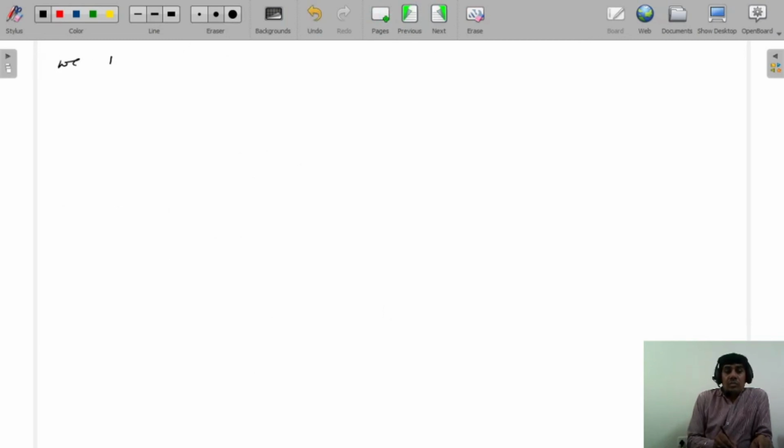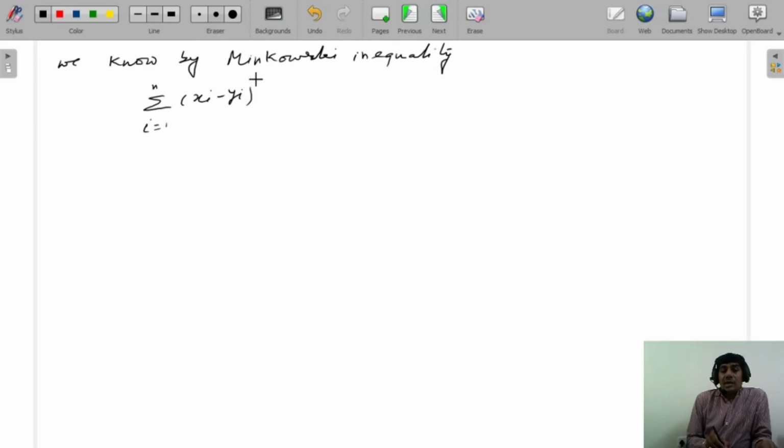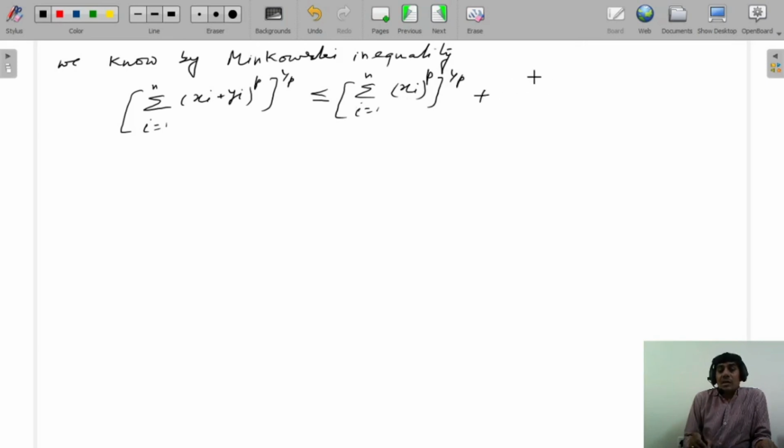We know by Minkowski inequality, the summation, i varies from 1 to n, of (xi minus yi) raised to power p, whole raised to power 1 by p, is always less than or equal to the summation of xi raised to power p, raised to power 1 by p, plus the summation of yi raised to power p, raised to power 1 by p.